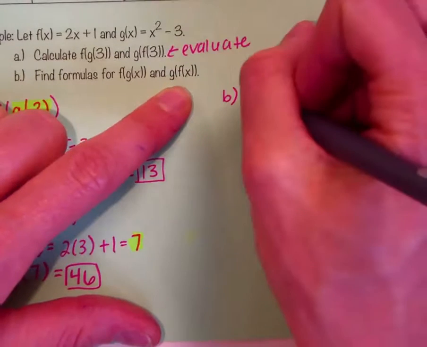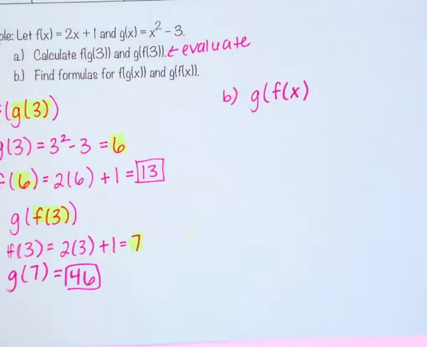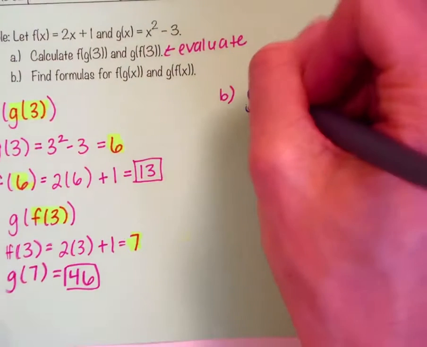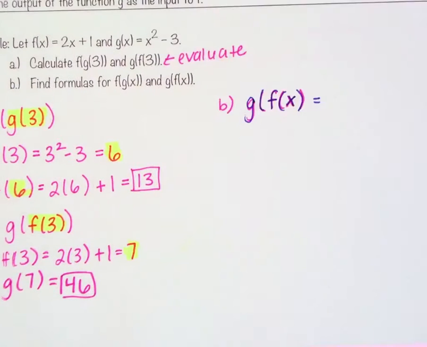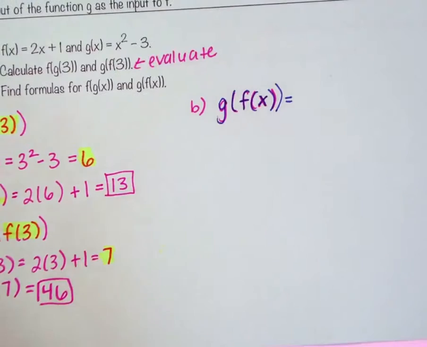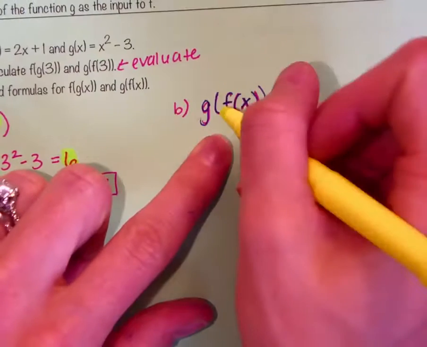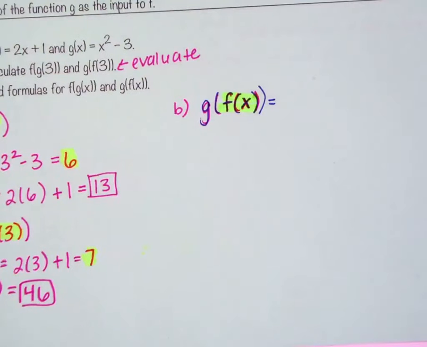So let's find g of f of x. g of f of x. So if I'm wanting to do this, this means that f of x, that is my input for g.